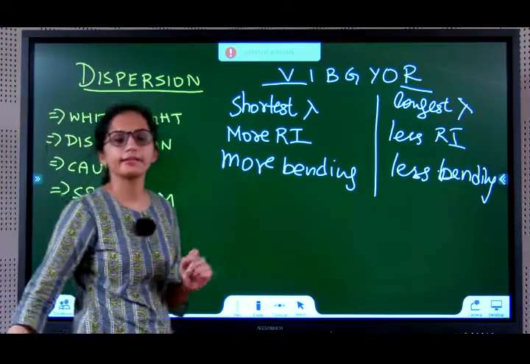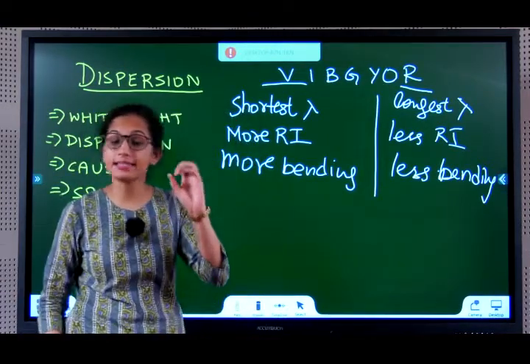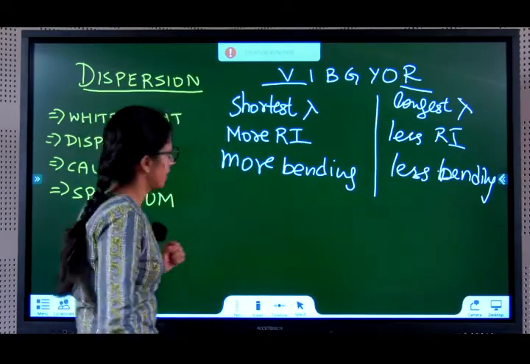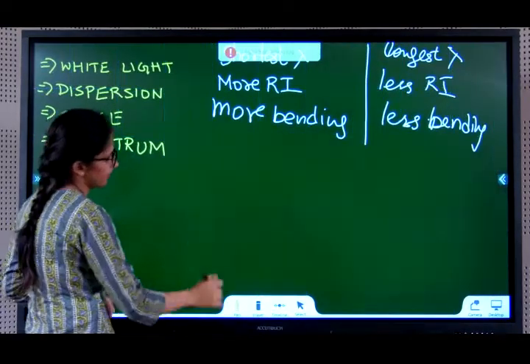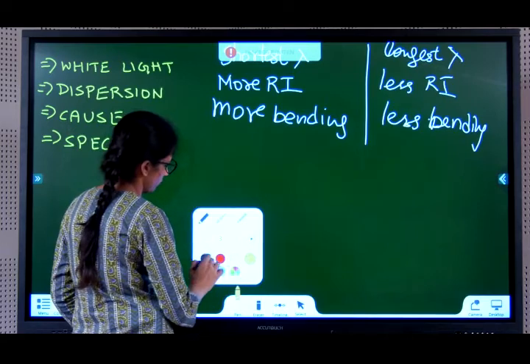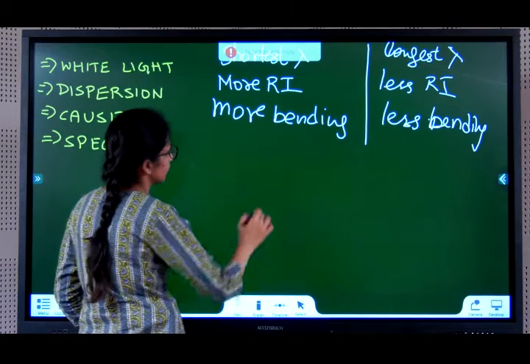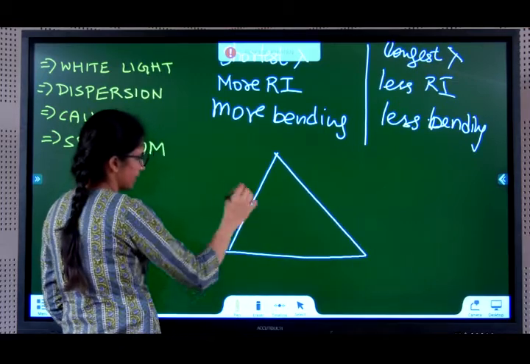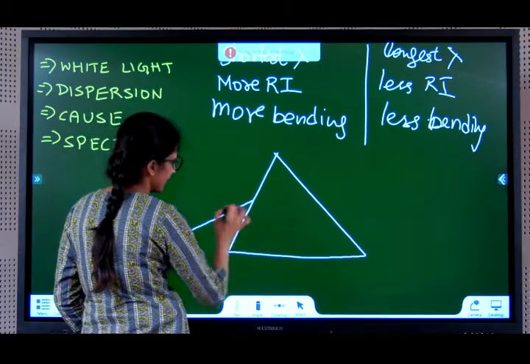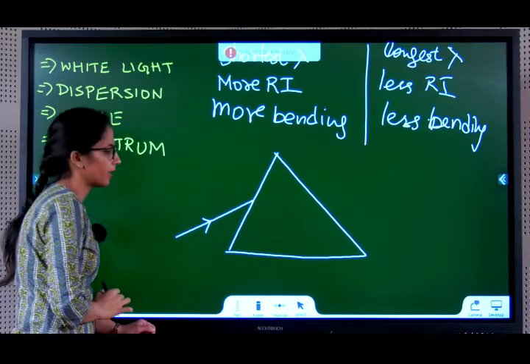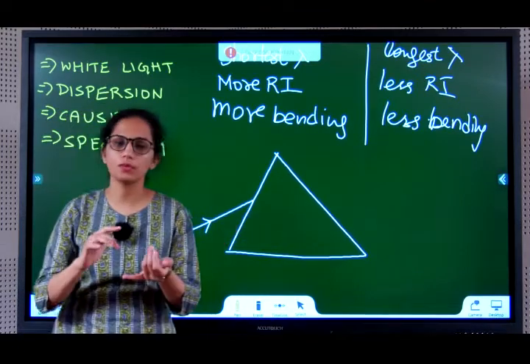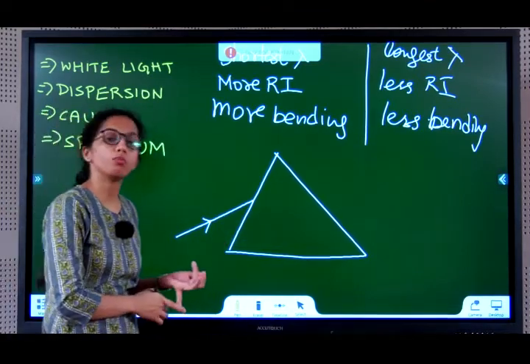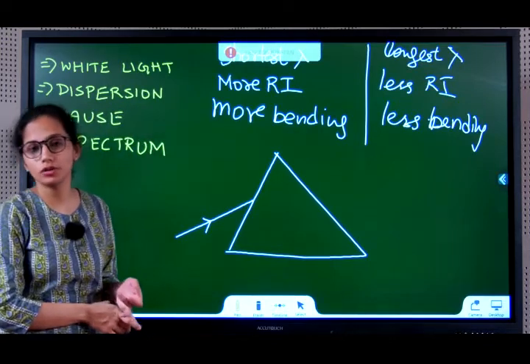White light has 7 colors in it. So, this is a prism. I have white light incident here. Inside the white light there is VIBGYOR: violet, indigo, blue, green, yellow, orange, red.